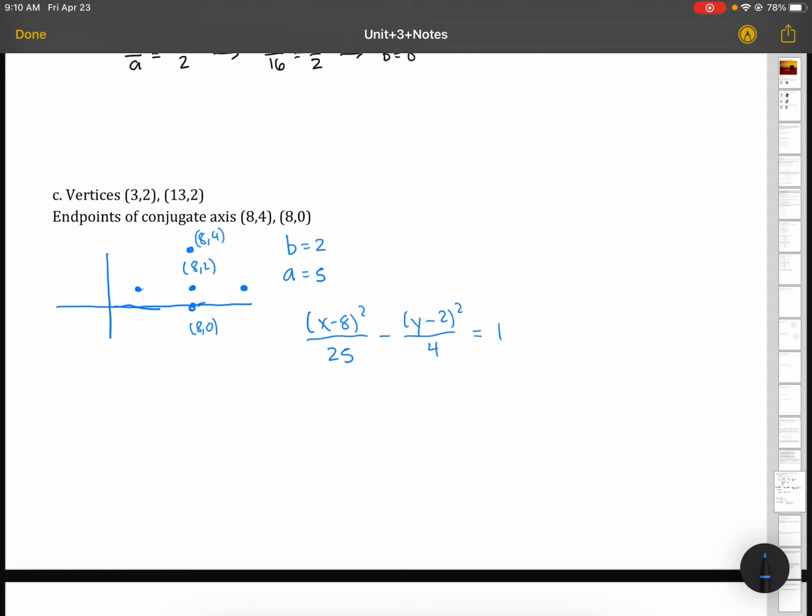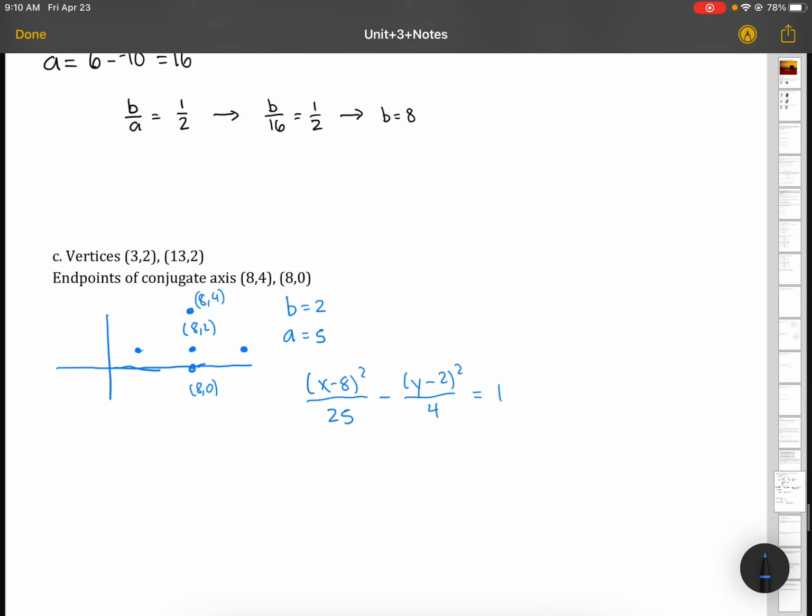And from here, you should be able to get all of the relevant information, the foci, the transverse and conjugate axes, the equations of the asymptotes, and you should also be able to graph it from here.